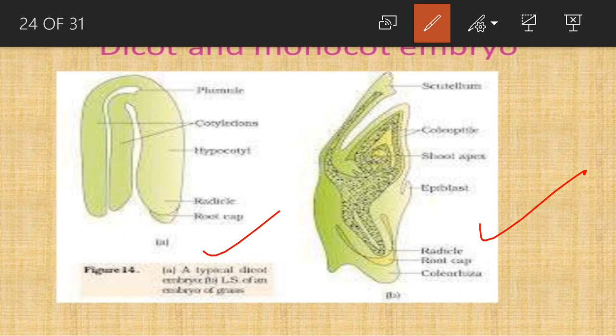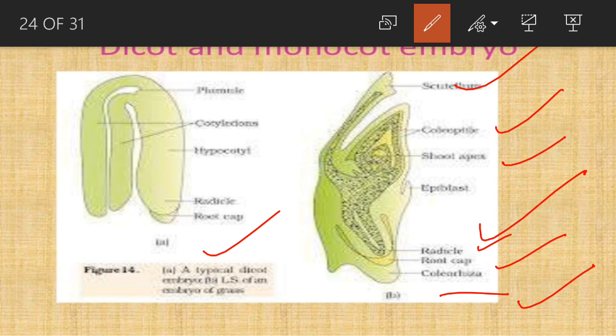In a monocotyledon, there is a shoot apex which is covered by the coleoptile. There is a radicle that is covered by the root cap, and another protective sheath is present, that is the coleorhiza. There is a scutellum next to the endosperm here.